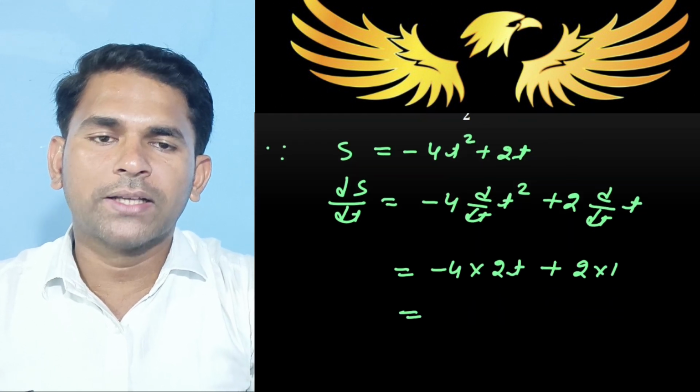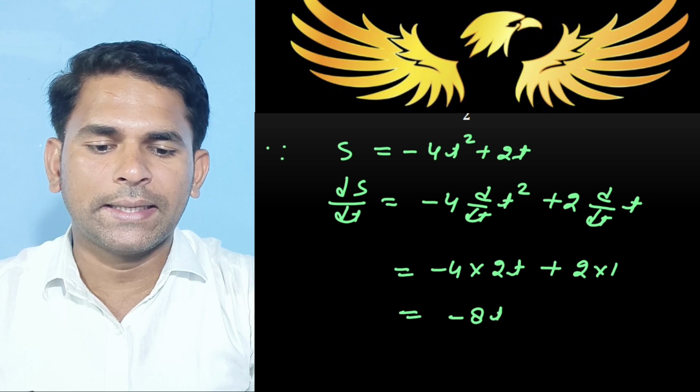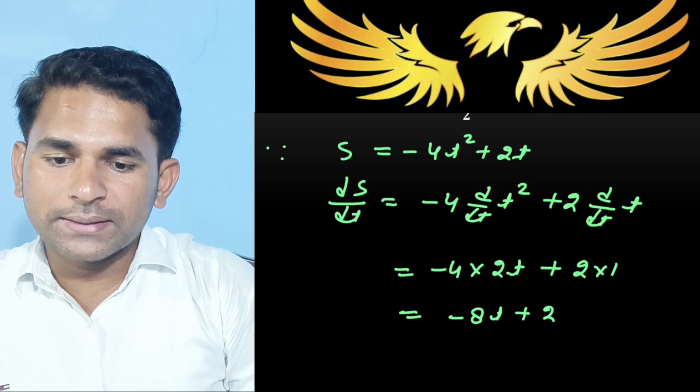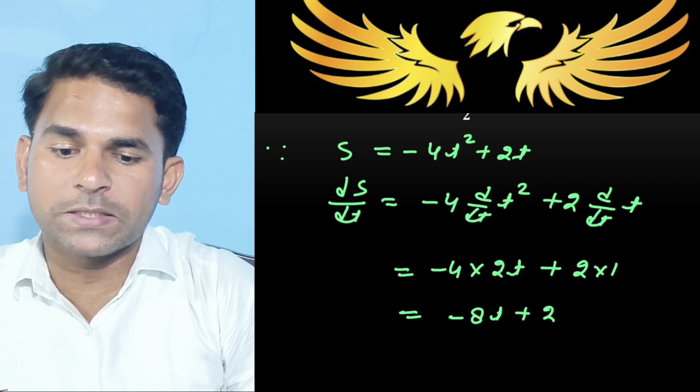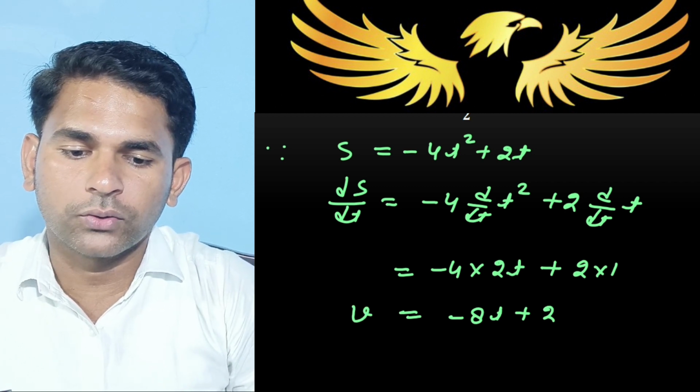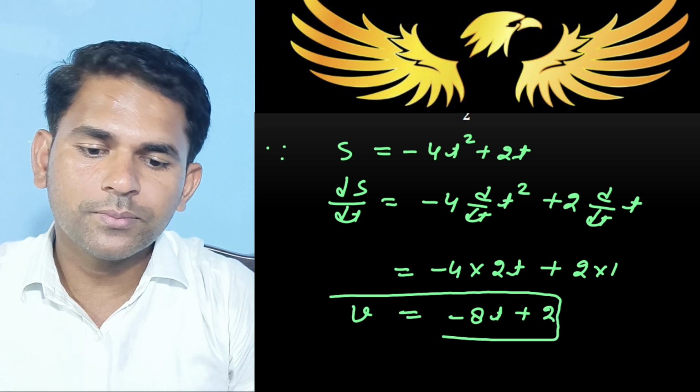So minus 4 times 2t, that is minus 8t plus 2. This is what you got as the velocity. Differentiation of the displacement gives velocity.